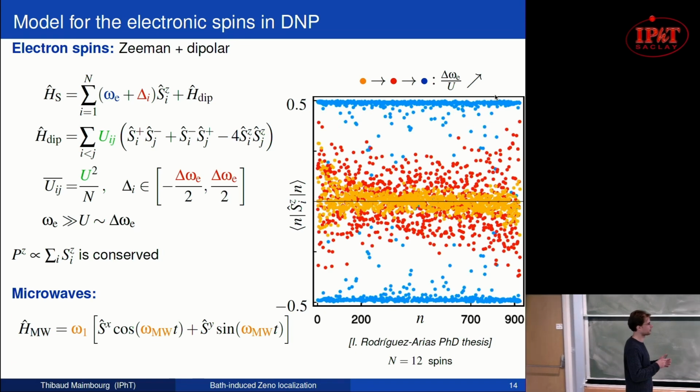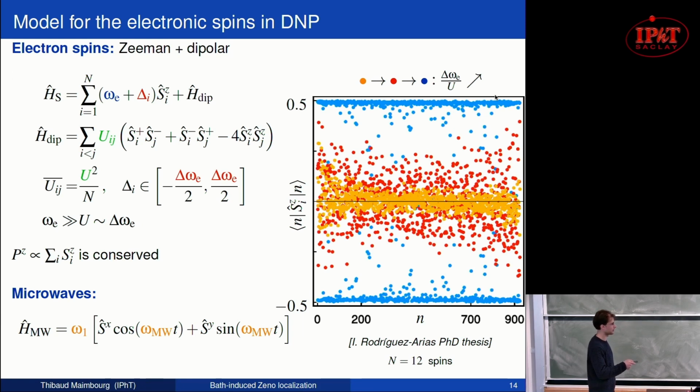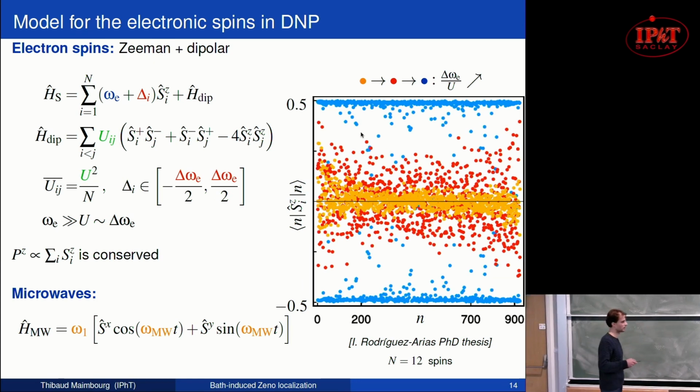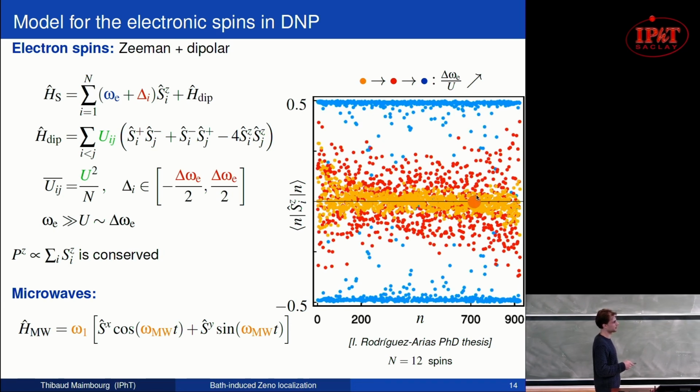And here I will put myself in the case where ETH is satisfied, so the electrons are thermalizing, which you can check by doing this ETH check. For example, for the diagonal, you take any electron spin along the z-axis, and you measure its typical value in an eigenstate n. I will be in the case like this yellow case here.